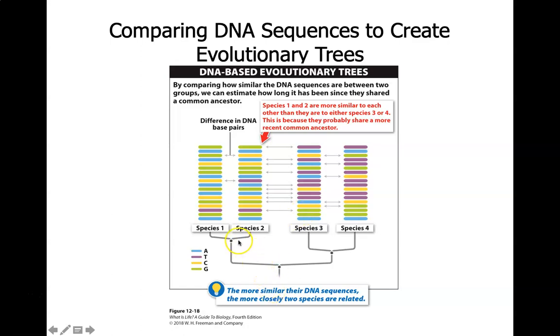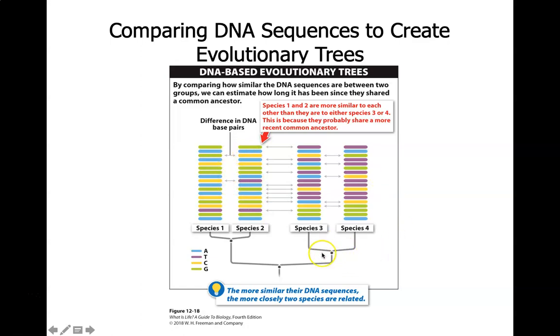And so you can look at the number of differences between the different groups to determine how you think they are related. Now, the relative positions of these are indicating time. So this suggests that these 2 species have diverged less recently because fewer changes have accumulated in their DNA.